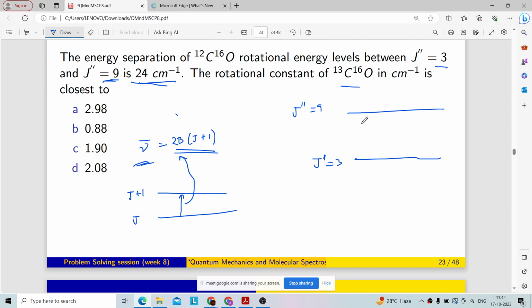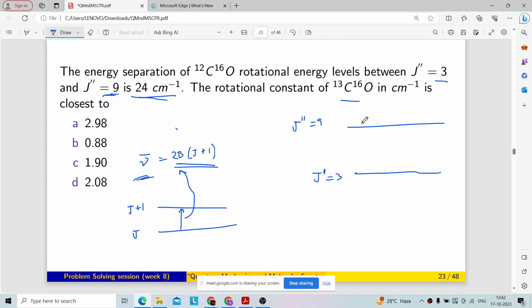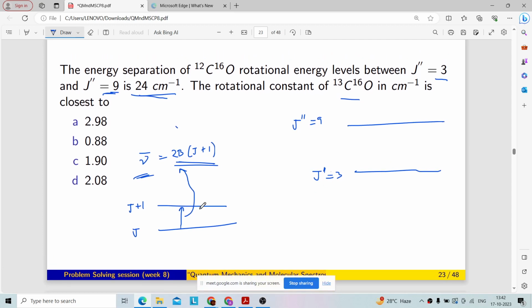Of course it will work, but we have to simplify the question first. This formula is for adjacent lines, J and J plus 1, and here we have the transition from 3 to 9.